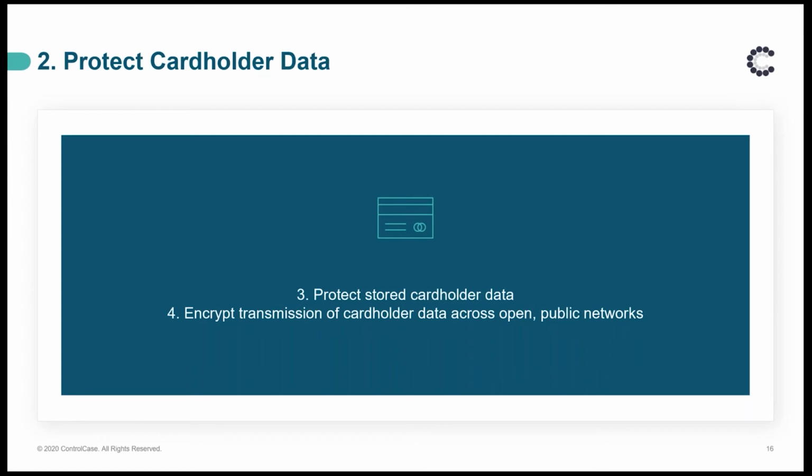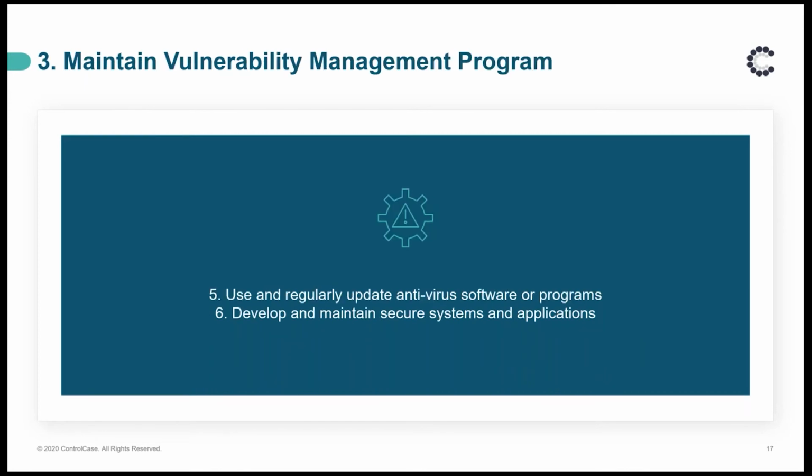Number 2, protecting cardholder data. If you recollect, just some time back, I said the PCI DSS standard was built to protect cardholder data. And so protecting cardholder data, in whichever form it may lie, obviously forms the key principle of PCI DSS.